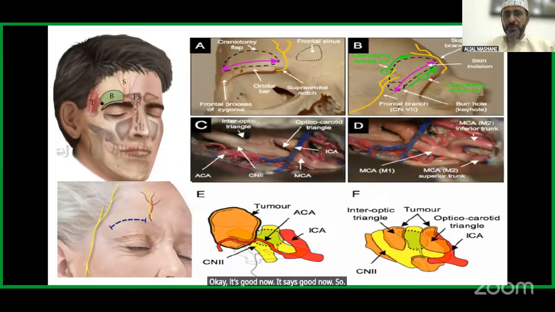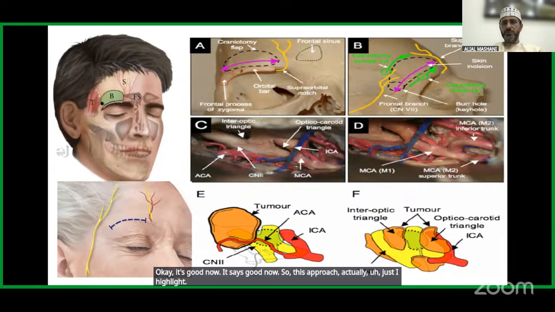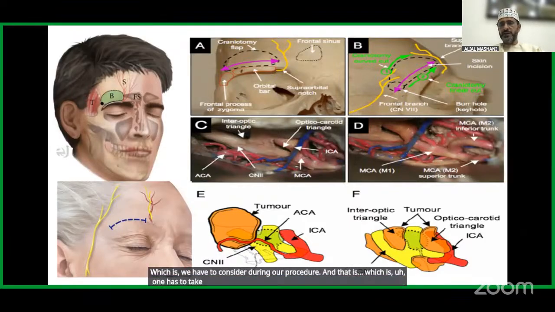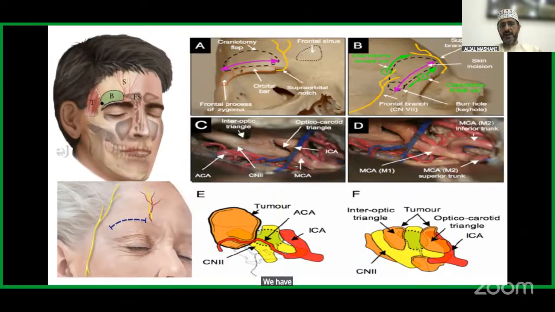So for this approach, I highlight the surface anatomy and the important structures which we have to consider and take care of during the procedure. In the surface anatomy, the eyebrow is here.